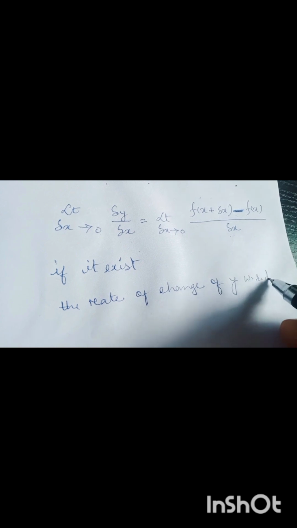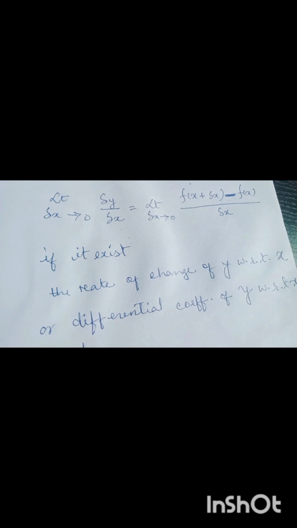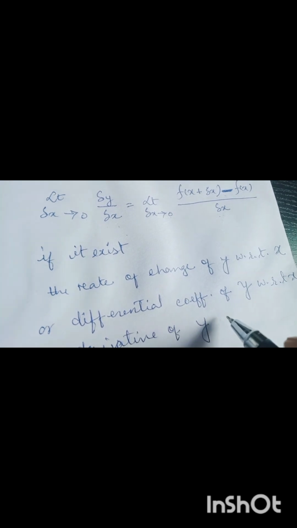So if it exists, then this is called the rate of change of y with respect to x, or differential coefficient of y with respect to x, or derivative of y with respect to x.